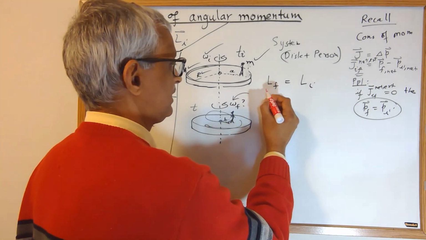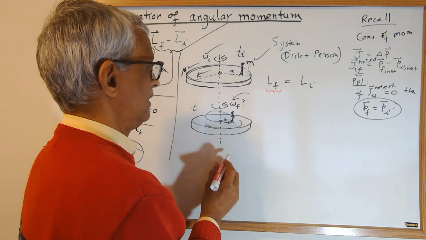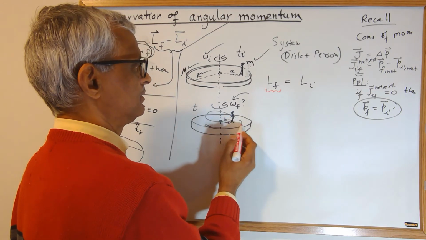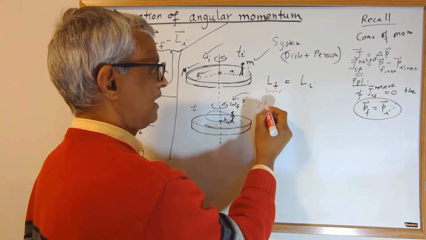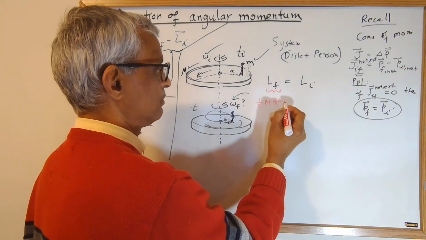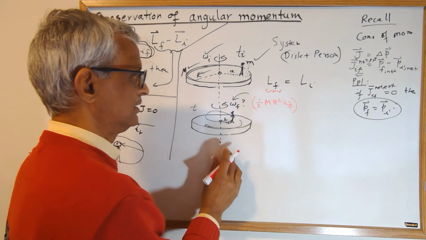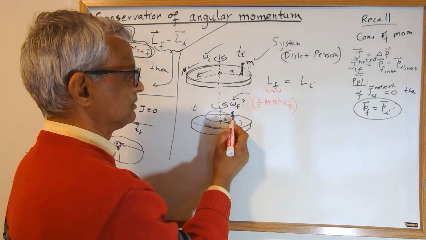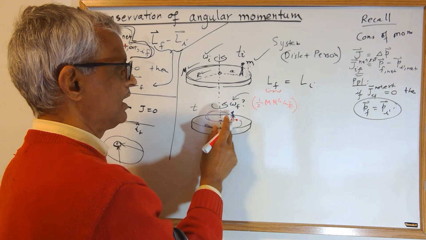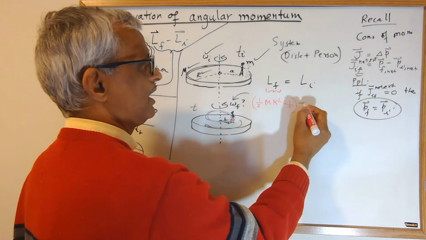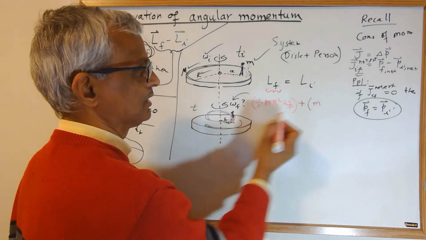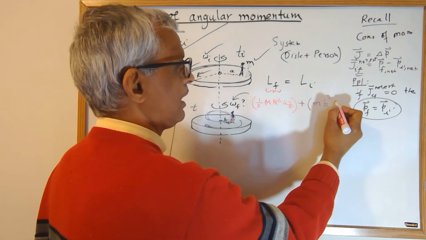What will L_F look like? L_F will look like the angular momentum of the disk, which is half m r squared times omega f. This is the disk. And how about the person? The person will just be a point mass going around. So I need the I for a point mass, which will be just m times b squared, at omega f.